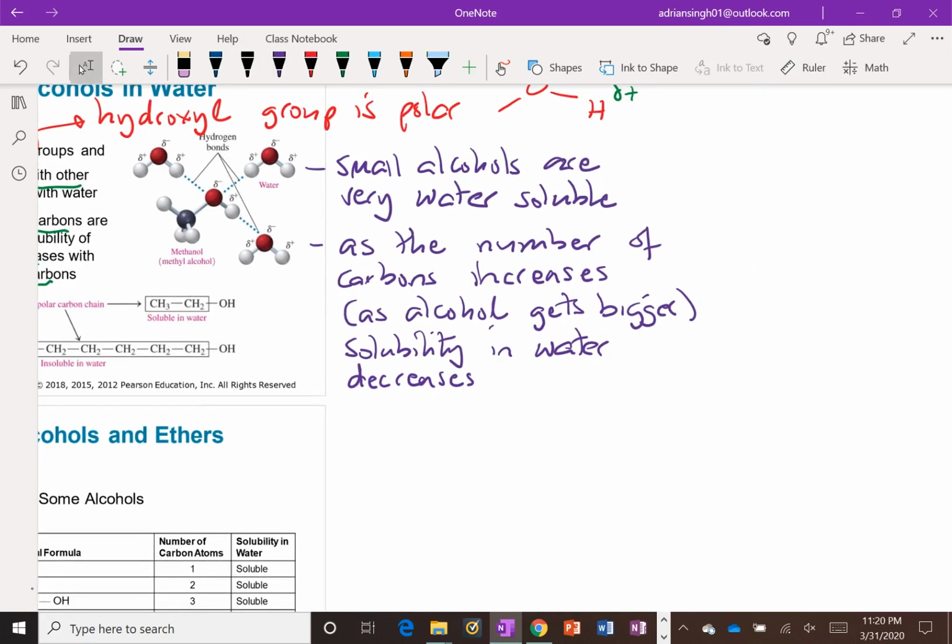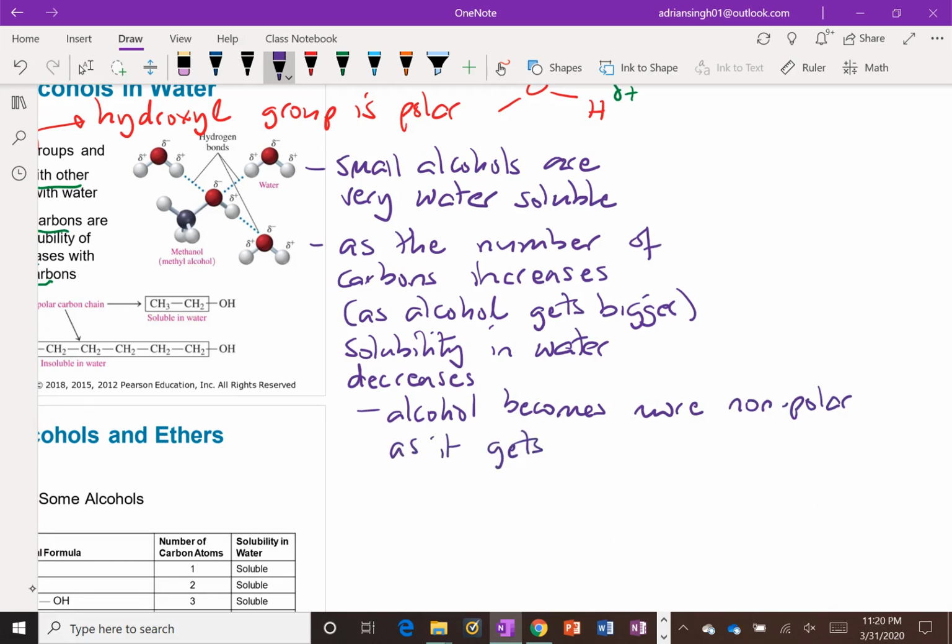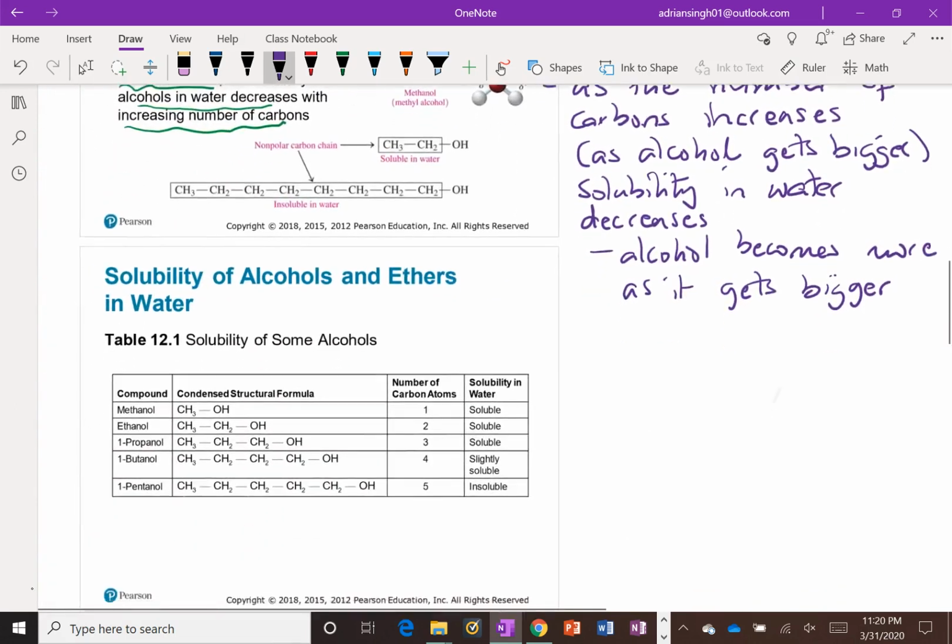When you have larger and larger alcohols, the number of carbons and hydrogens increases, which means the alcohol becomes more nonpolar as it gets bigger. It becomes more nonpolar because you're increasing the number of these nonpolar bonds, the carbon to carbon bonds and the carbon to hydrogen bonds.